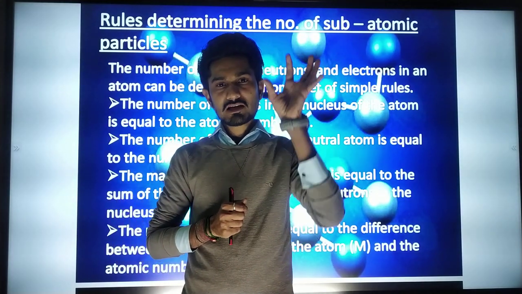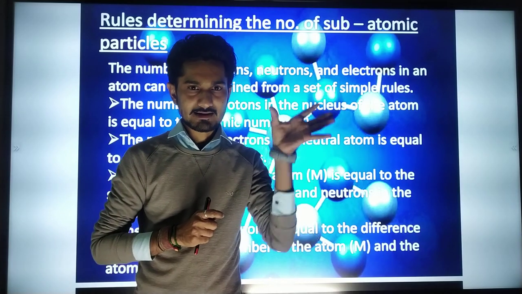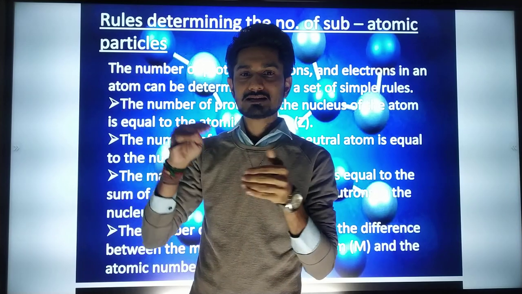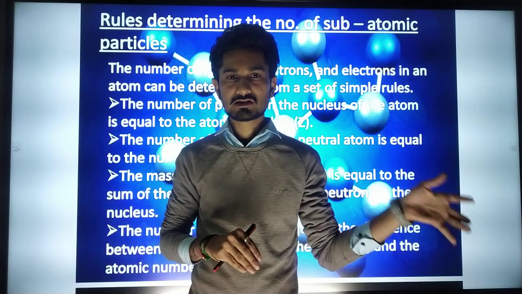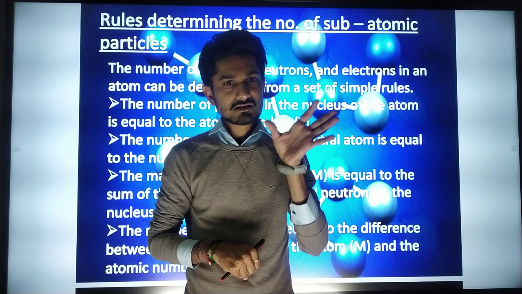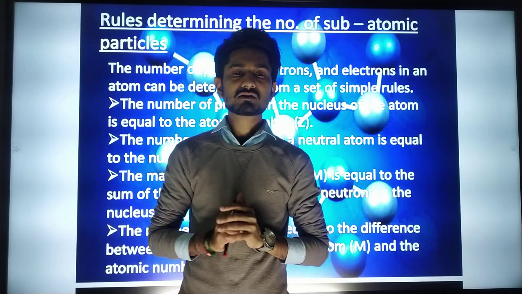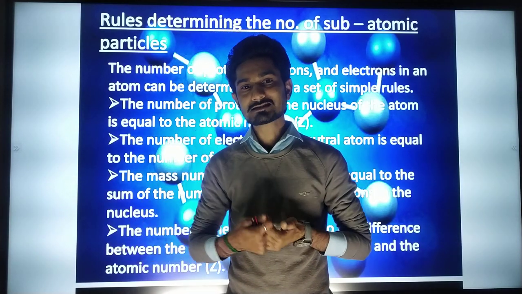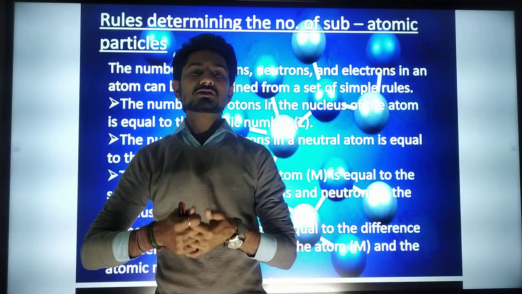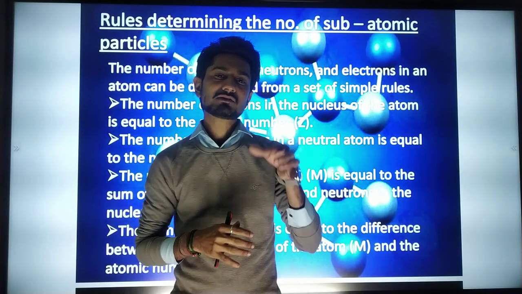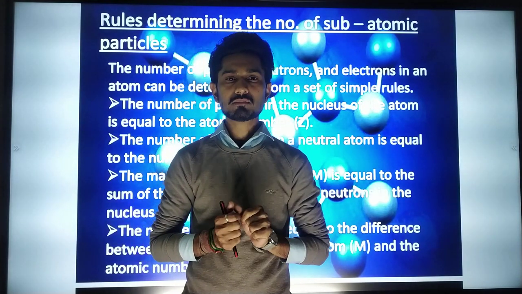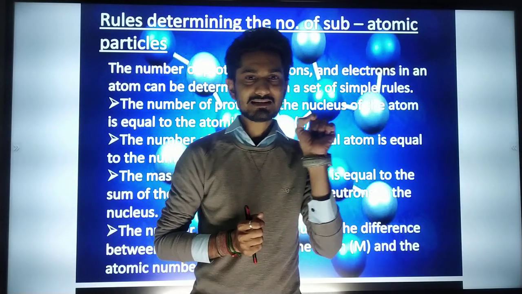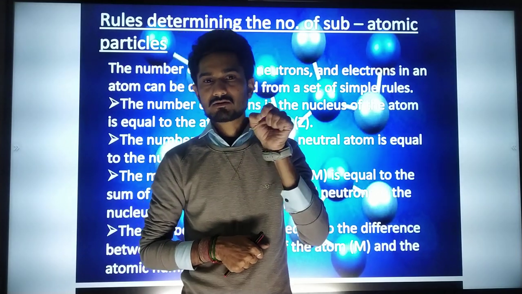But we have to further categorize them into a specific table. We cannot just memorize sodium, then zinc, then iron, then hydrogen, then oxygen. It has specific numbers which we have to memorize, because an element contains electrons and protons. On that basis, we have the topic of atomic number, in which we see the number of protons present in the element.